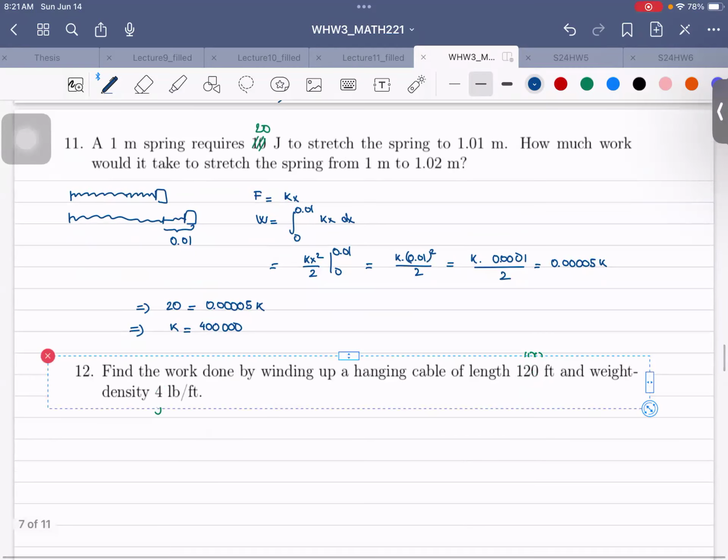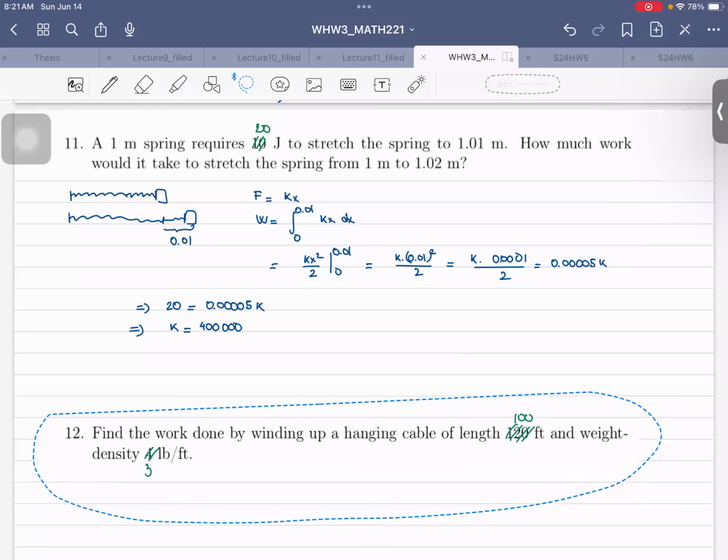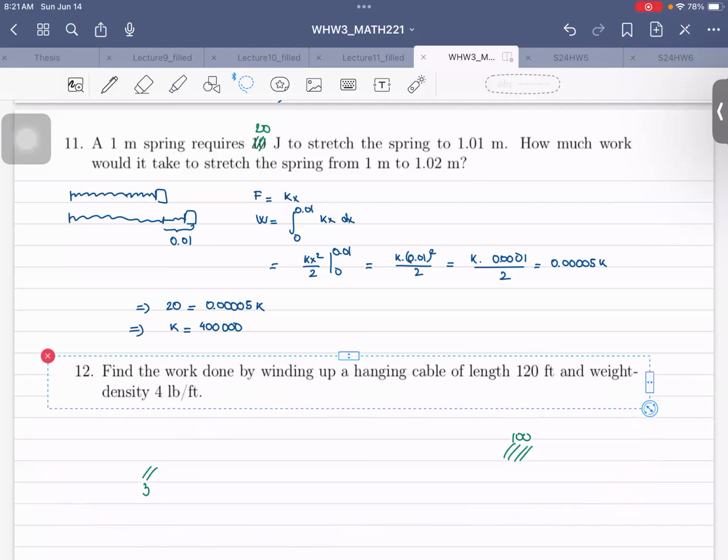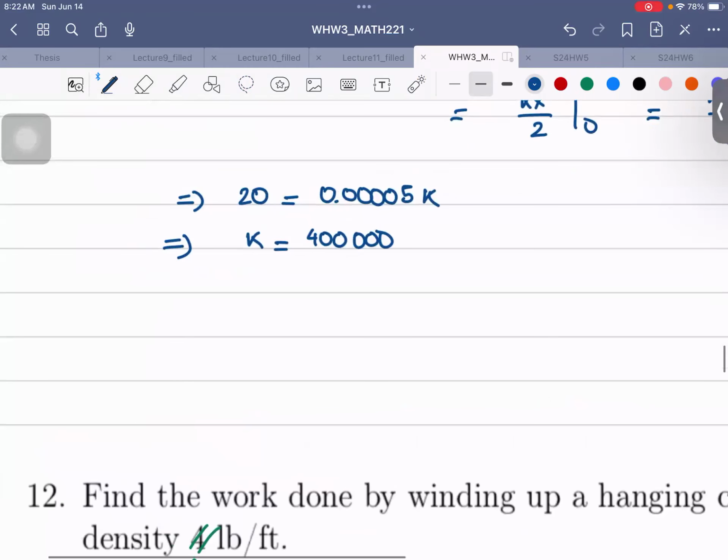Now the question wants you to find the amount of work you need to spend if you want to stretch out the spring 0.02 meters from its natural length. After you get the value for the spring constant, you can write the function for the spring force.